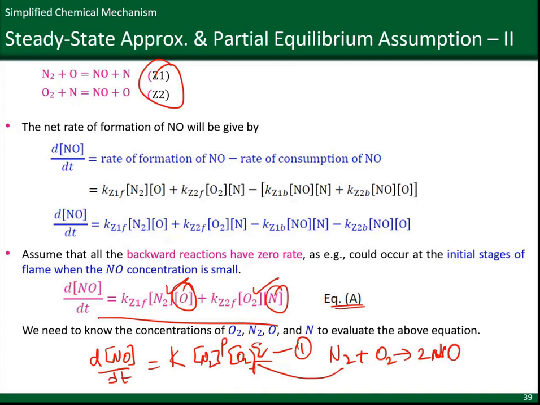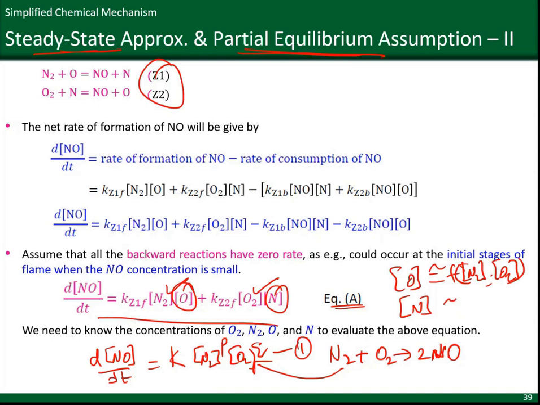So now what we will do is use the remaining approximations, the steady state approximation and partial equilibrium approximation, to figure out a way of writing the concentrations for oxygen atom and nitrogen atoms as a function of the concentration of N2 and O2.